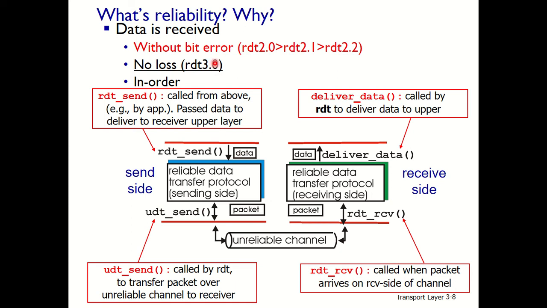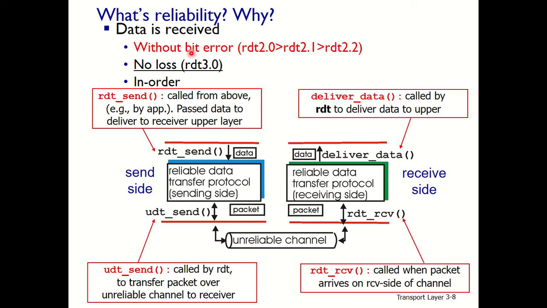For this purpose, we have discussed RDT 2.0, RDT 2.1, and RDT 2.2. RDT 2.2 is a complete protocol that can be used by the transport layer to achieve reliability in case the underlying channel has bit error.